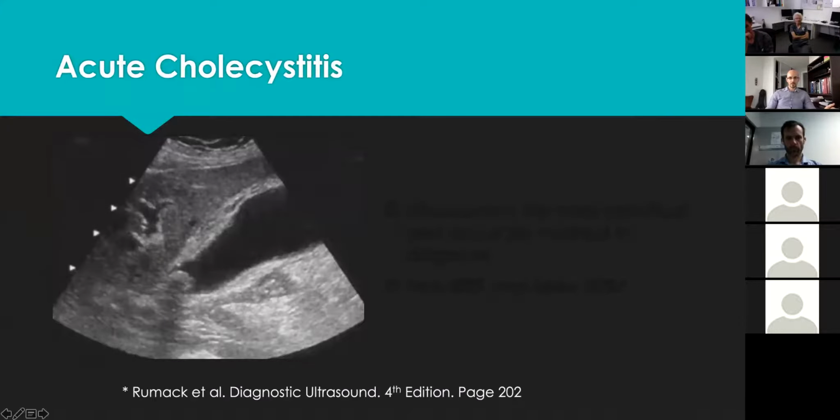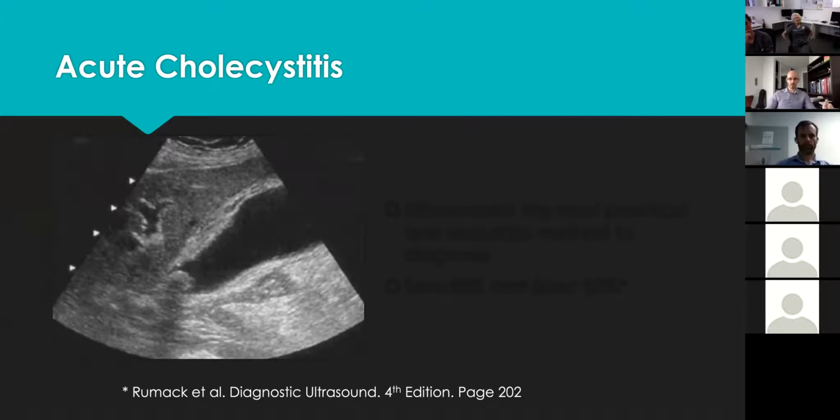So, some other pathologies: acute cholecystitis. There are some features of acute cholecystitis. No single one of them is actually diagnostic for cholecystitis. Each of them adds some sort of probability to the diagnosis.